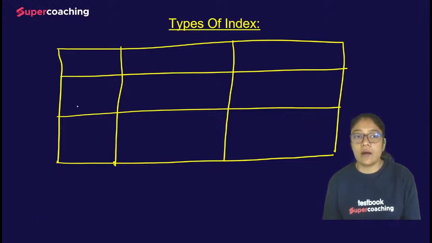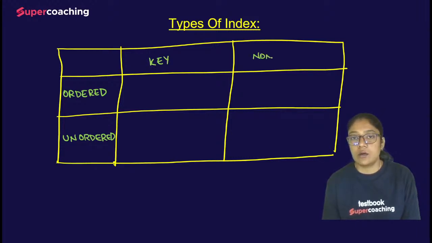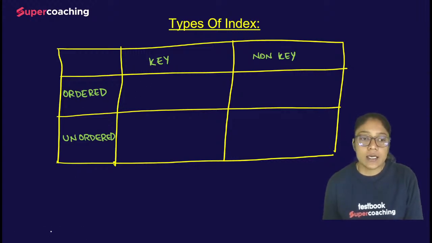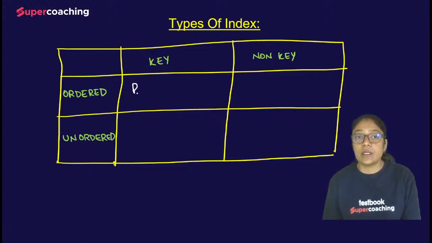So here we have the ordered file, unordered file, we have a key field and non-key field. If file is ordered and there is a key, then definitely what sort of index will be constructed here? This will be the primary index.